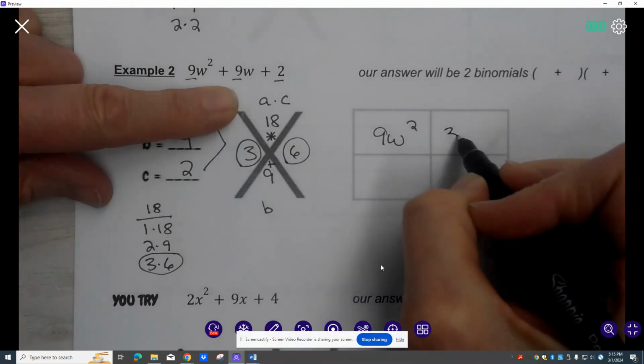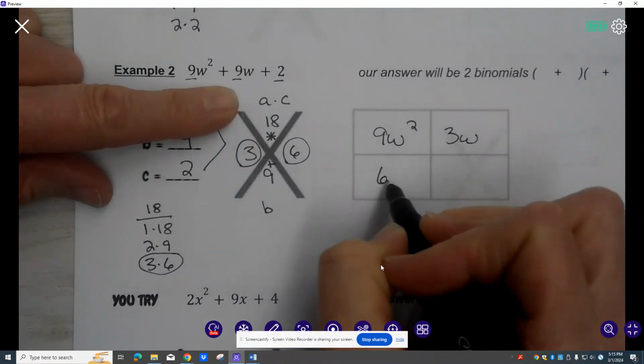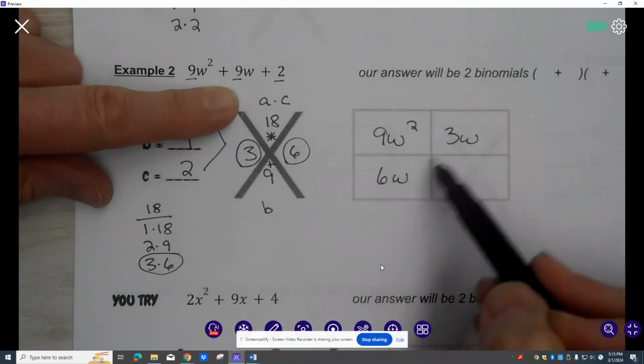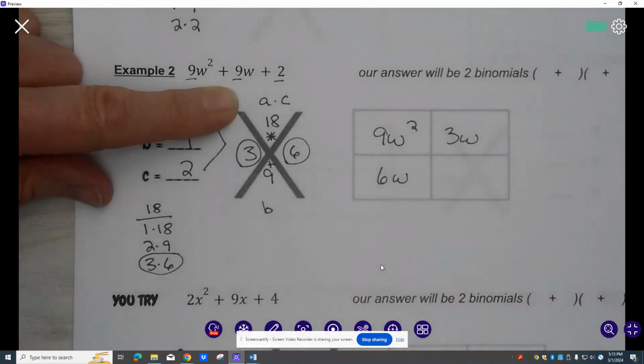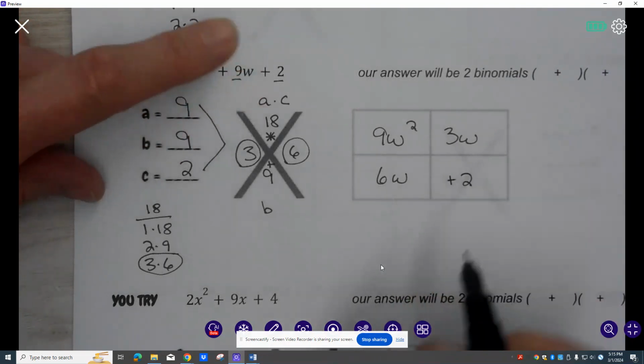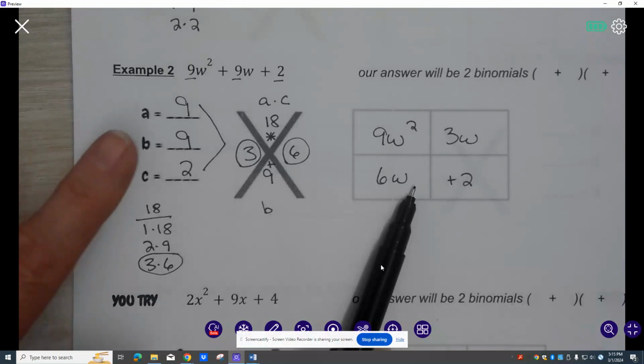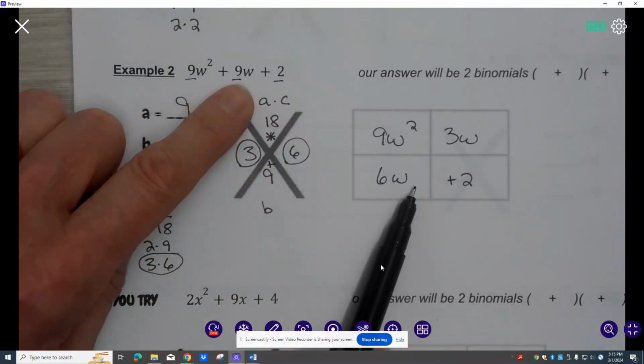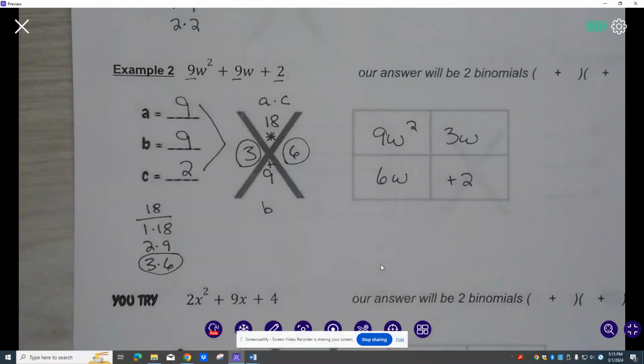So instead of the 9w, I'm putting 3w and 6w. It doesn't matter which boxes you put these in, you could swap those. And then finally, the plus 2 goes on the end. So you can see this is the original problem up here with one exception. Instead of the 9w, I split that up into 3w and 6w.